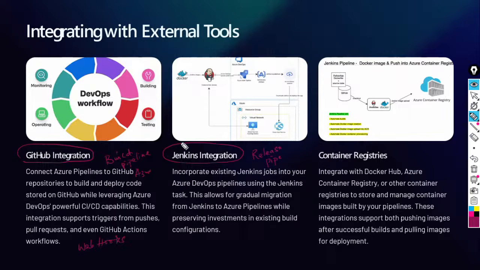Maybe Jenkins is good in that. So you took that from Jenkins and integrate Jenkins with the Azure DevOps pipeline through this. So incorporate an existing Jenkins job into your Azure DevOps pipeline using the Jenkins task. See, again, the task came into the picture. You just have to call the Jenkins task and the integration will be done automatically.